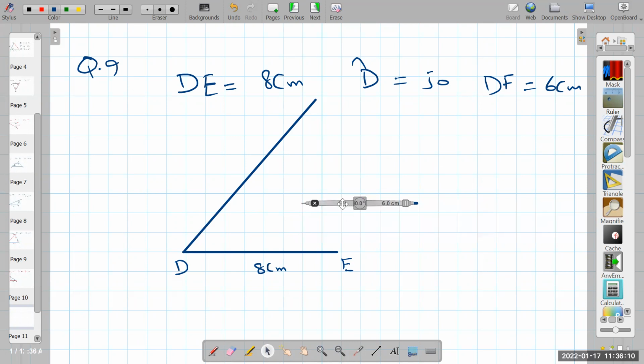After that, put the compass on D and make the curve like this.